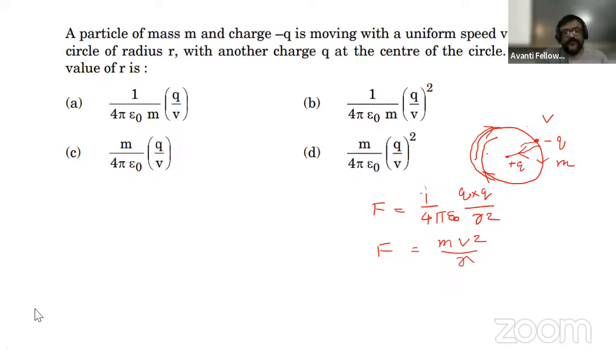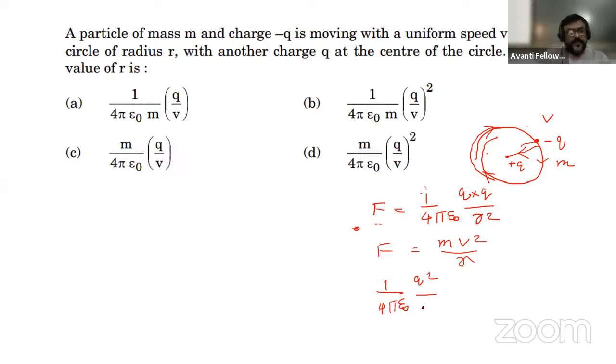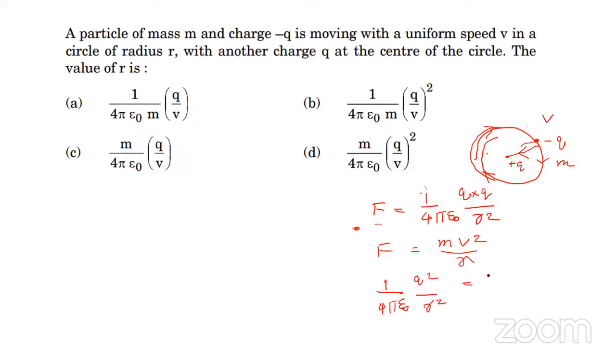Can you complete it and find the answer? Okay, you can also do it. We can equate these two forces. So 1 by 4 pi epsilon 0 q square by r square is equal to m v square by r.